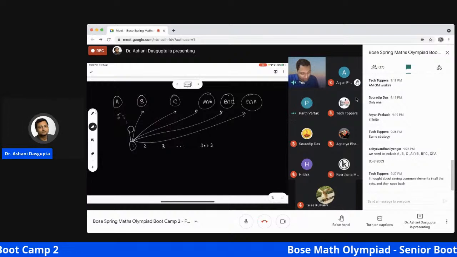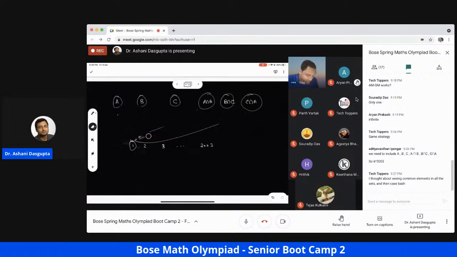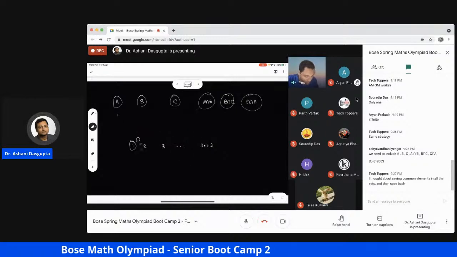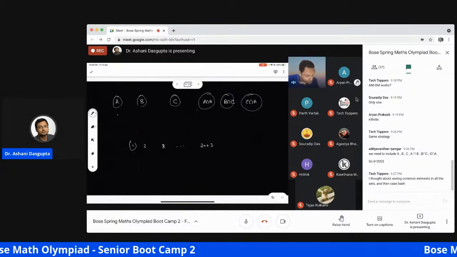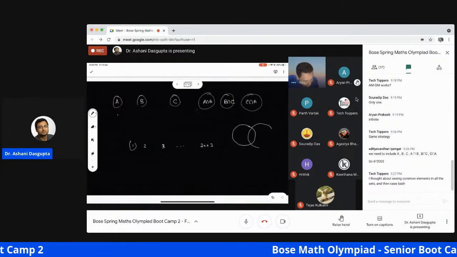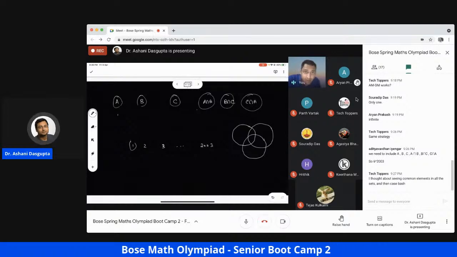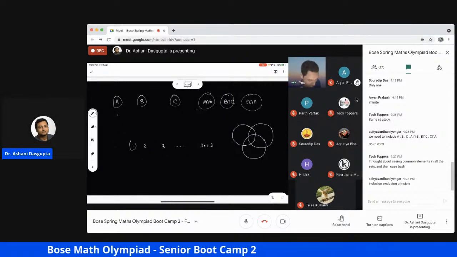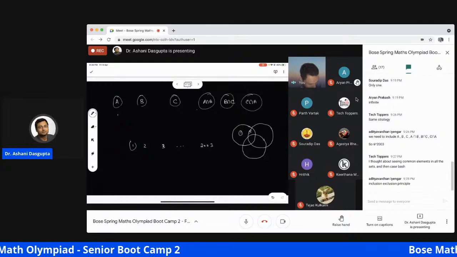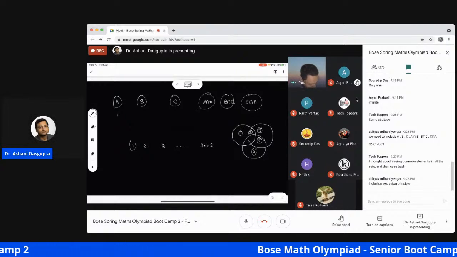So you have to be very careful here. What Aditya Vardhan is saying is going to work, but we have to really understand what's going on. So let's draw the Venn diagram. There are how many regions? There is 1, 2, 3, 4, 5, 6.